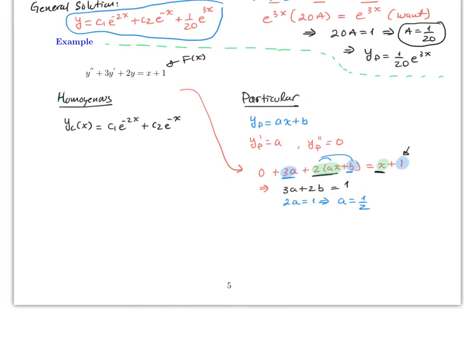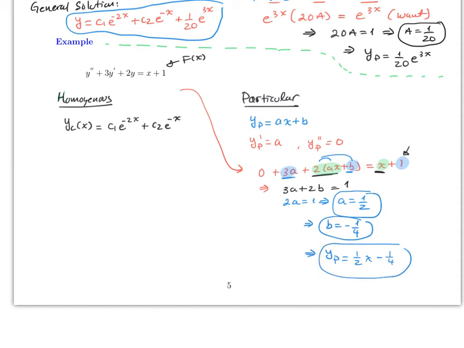And then if you solve for b, you should check this. This is just basic algebra. b is actually equal to minus 1/4, I think. So you should just check these values. So therefore the particular solution yp should be 1/2 x minus 1/4.